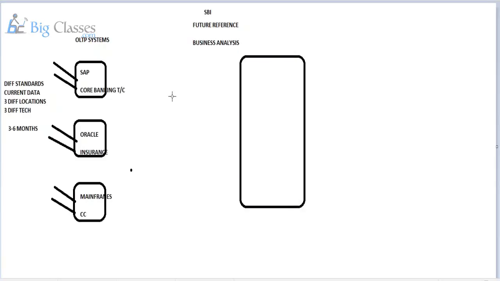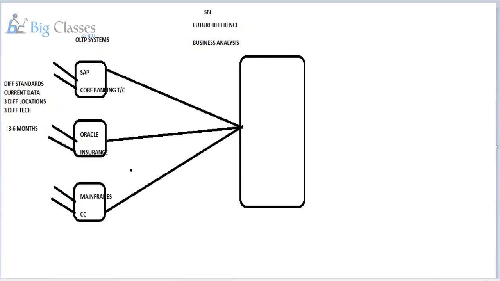I'll bring the data from each OLTP into this uniform data store, and I'll build it on a database.